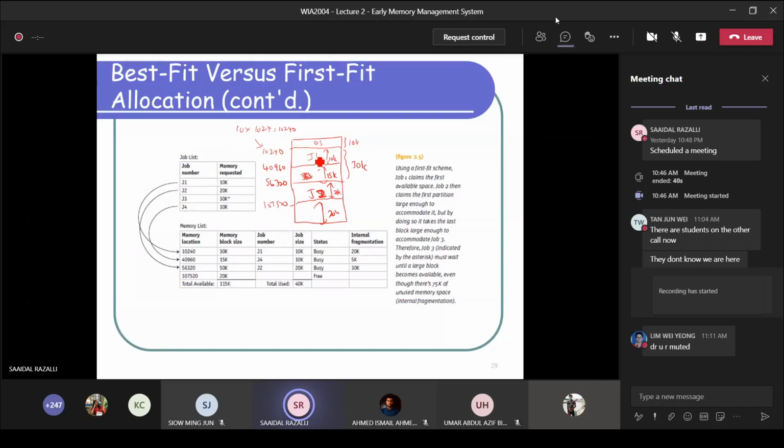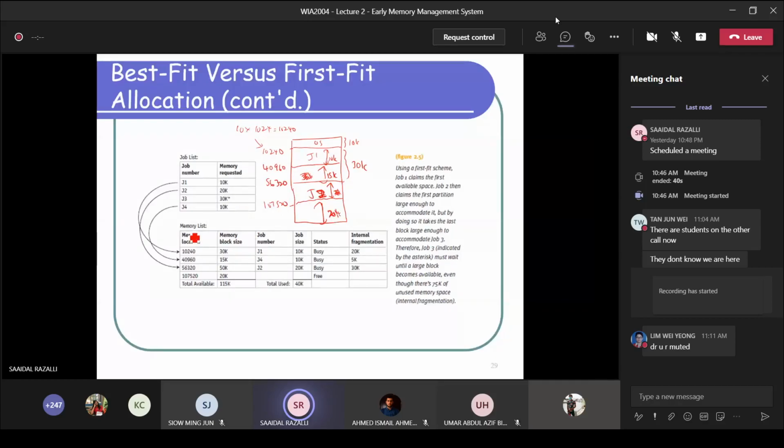So because job 1, job 3 can only go into either 50K. This one is 10K, this one 15K, this one is 50K, and this one is 20K. Okay, this is a memory.